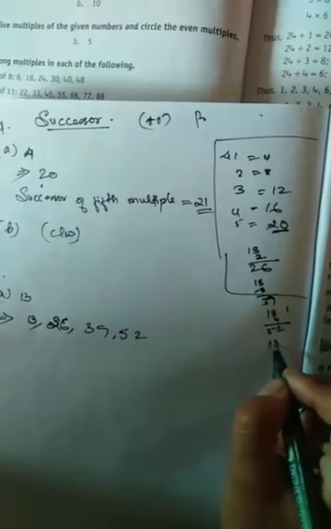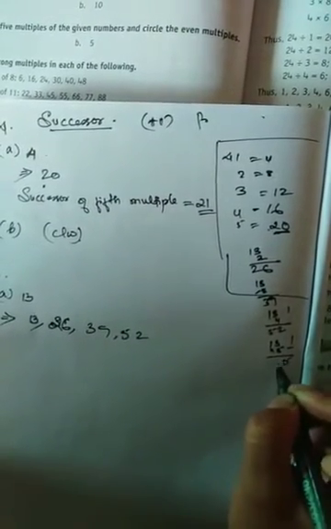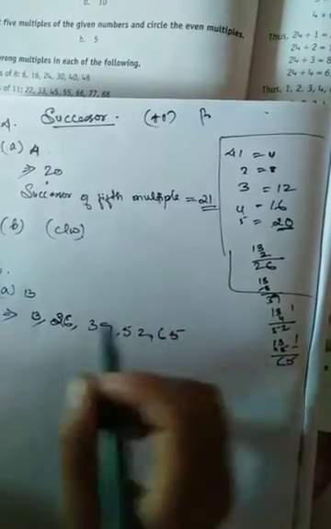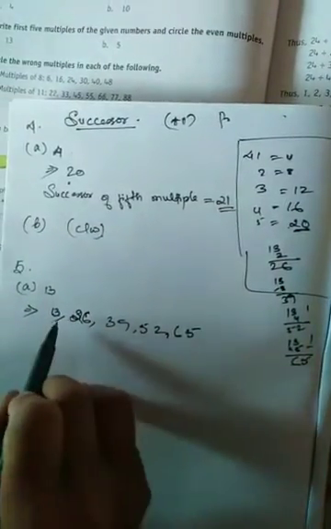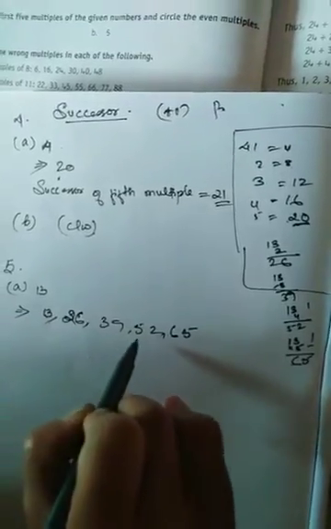Last, 13 fives: 3 fives are 15, 1 in hand, so 65. So the 5 multiples of 13 are 13, 26, 39, 52, 65.